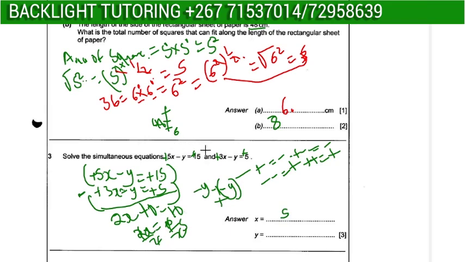You can substitute in the equation, and then say 5 times 5 is 25, right? Minus y equals 15. You take 25 and bring it to the other side. That will be minus 10, right?